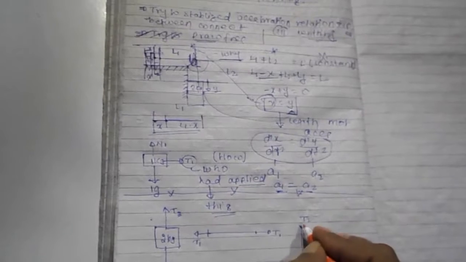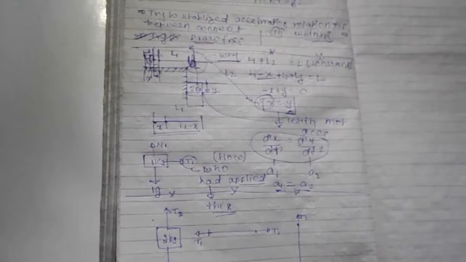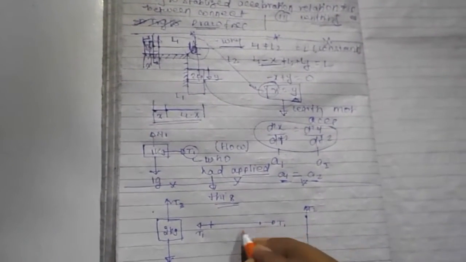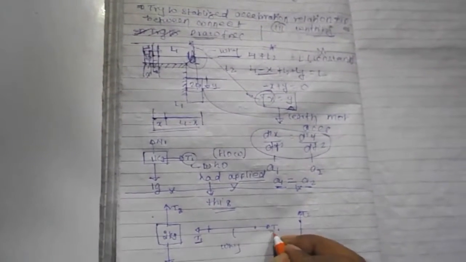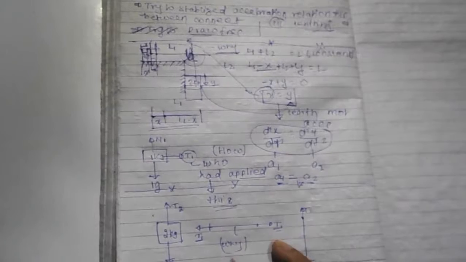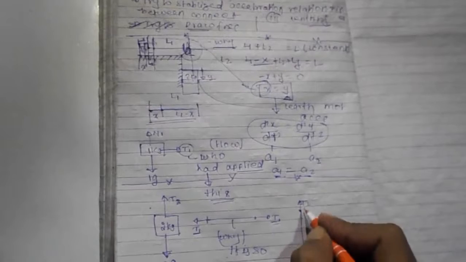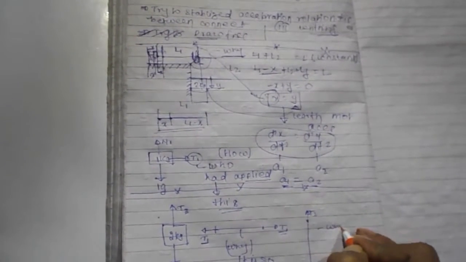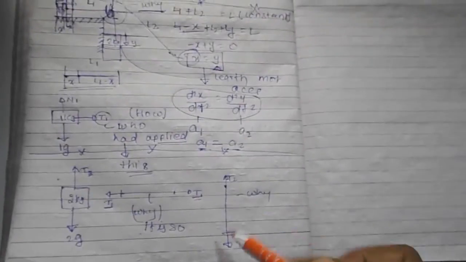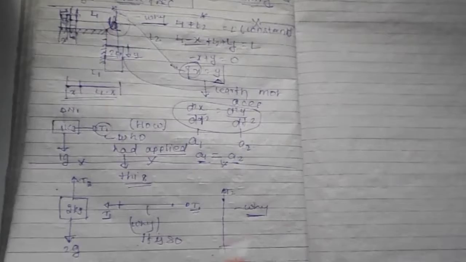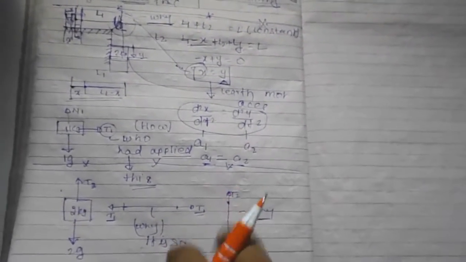This is T2, this is T2. Why? If this is T1 then this should be T1. You should know why it is so. Again, if this is T2, this must be T2. You should know why.